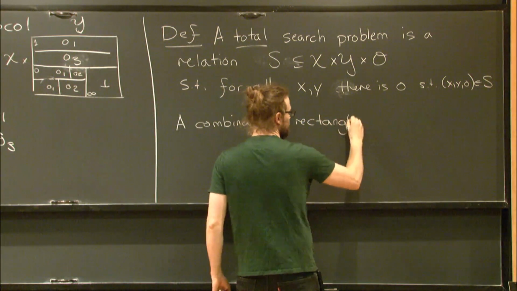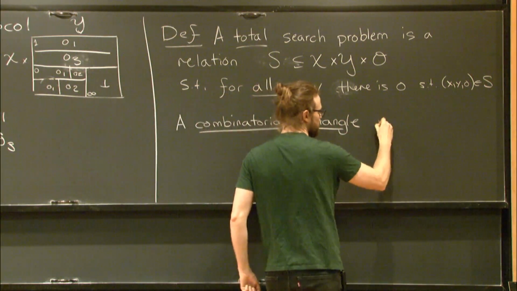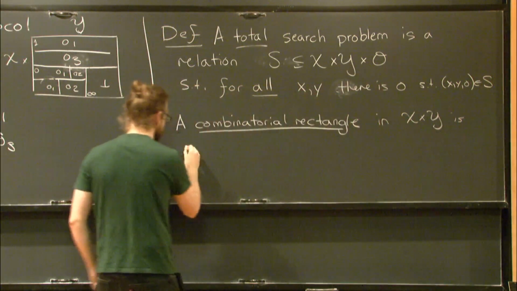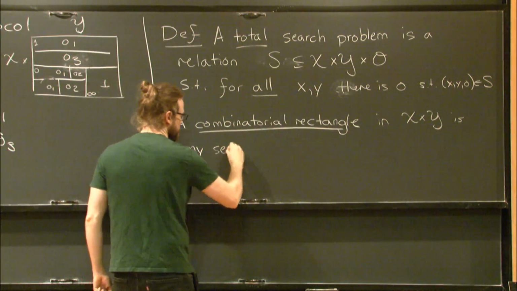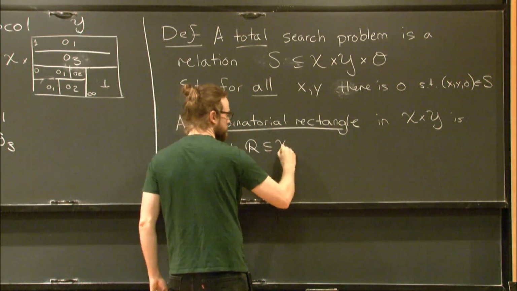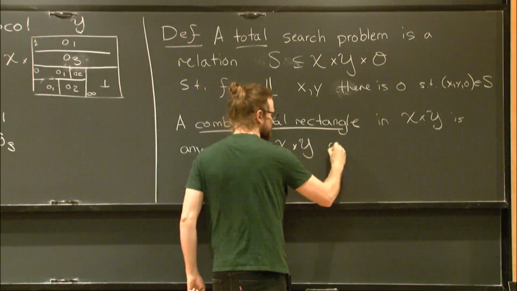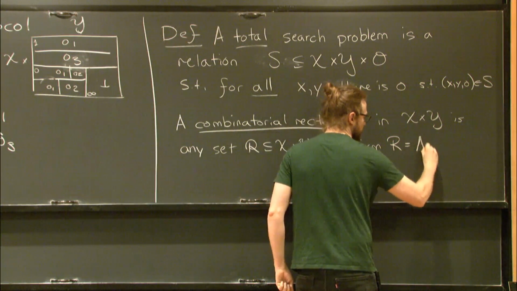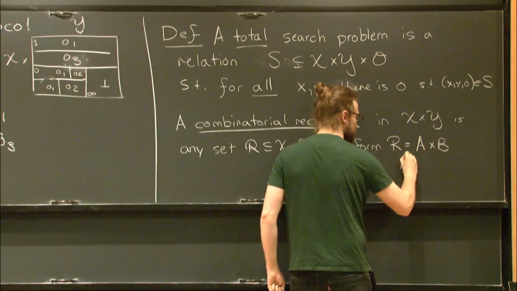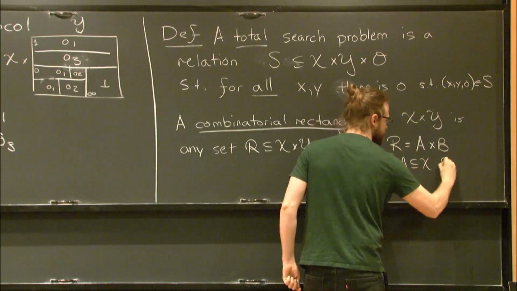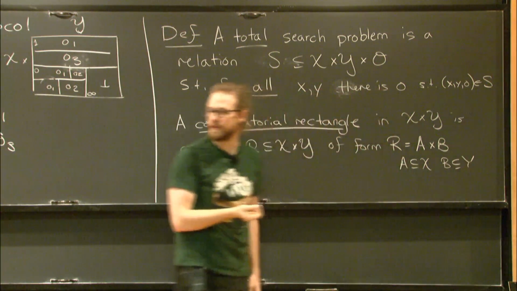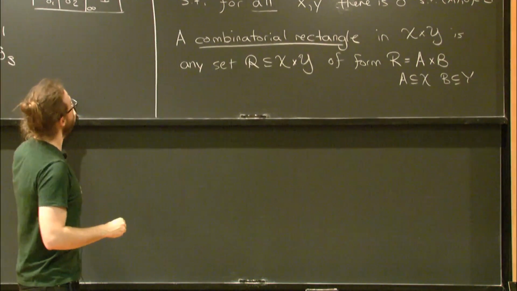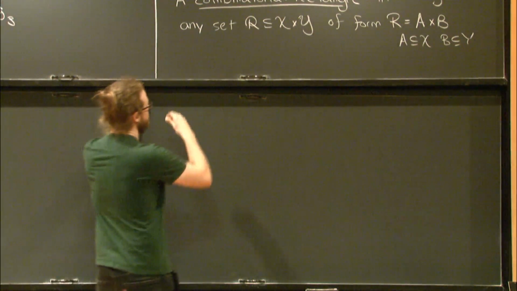So first, a combinatorial rectangle in X cross Y is any set of the form A cross B, where A is in X and B is in Y. So it's just a cross product.